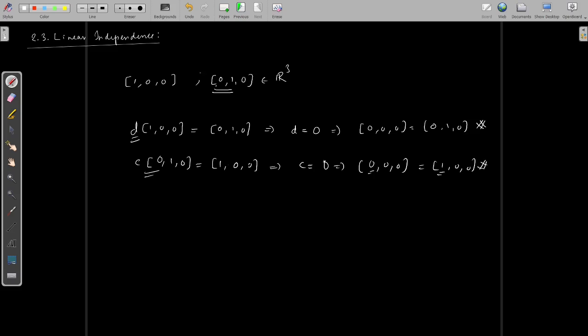So we can say that this vector is not a linear combination of the other, and the other is not a linear combination of this one. Then what is the importance of this?